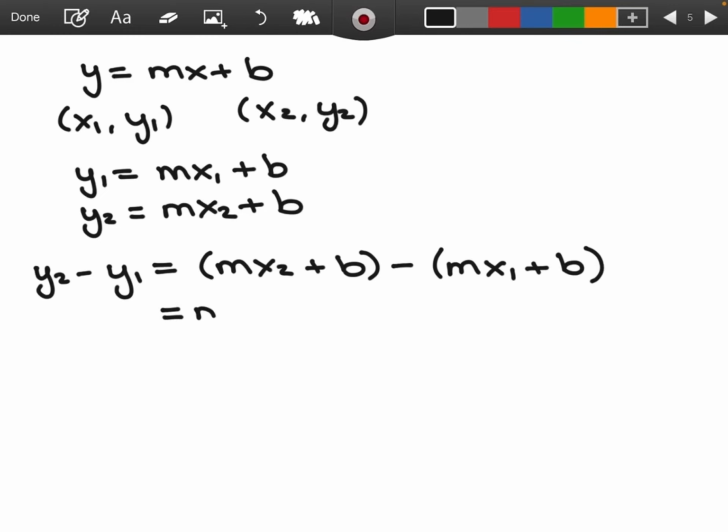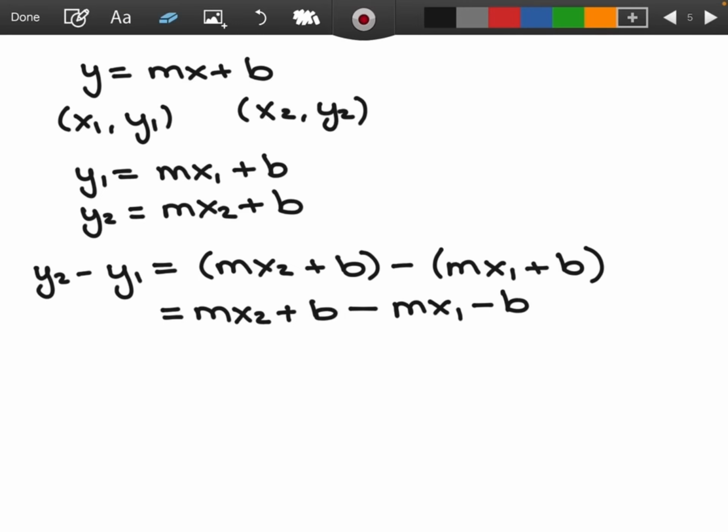I'm going to rearrange this, and actually draw out that negative. So I would have mx sub 2 plus b minus mx sub 1, but I've got to actually put that negative in front of both the mx sub 1 and the b. So I've got to multiply it out. So I would have minus mx sub 1 minus b.